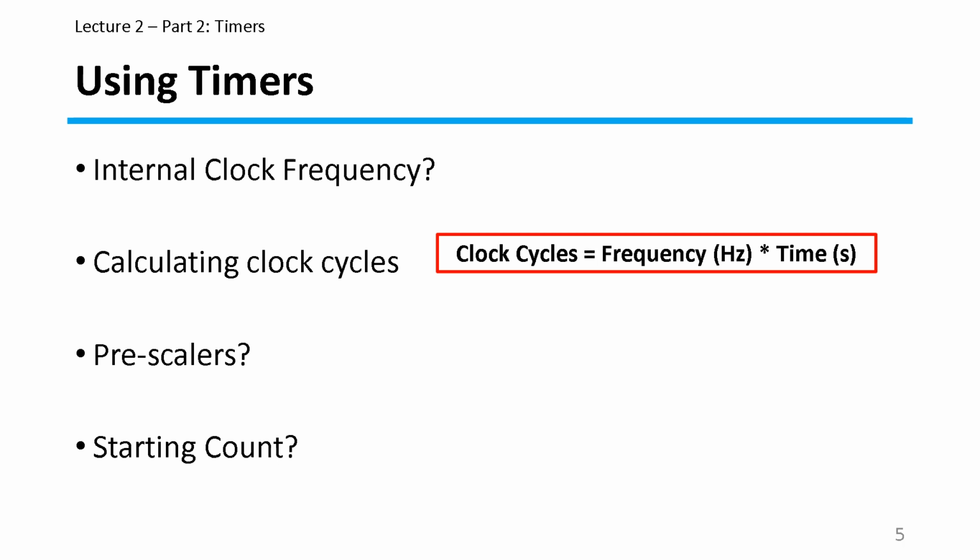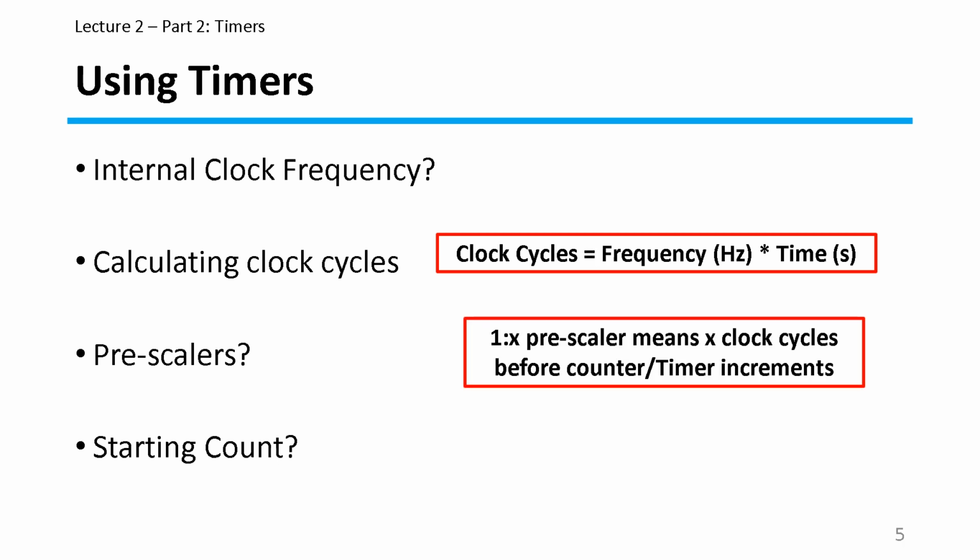Once you have that, you can calculate the length of time you need to use the timers for. So that's your clock cycles, which is your frequency multiplied by the time. Now, I mentioned the prescalers because a 1 to x prescaler means that for every x clock cycles, the timer will increment. So let's say you have a 1 to 16 prescaler.